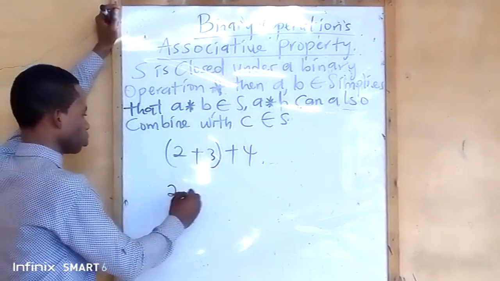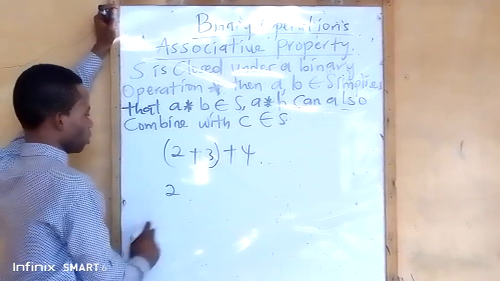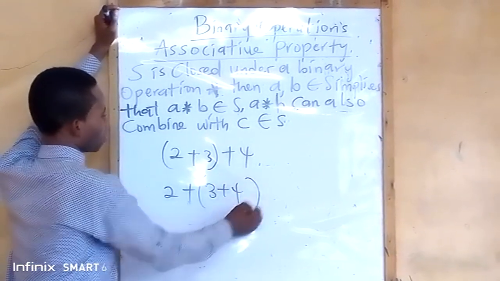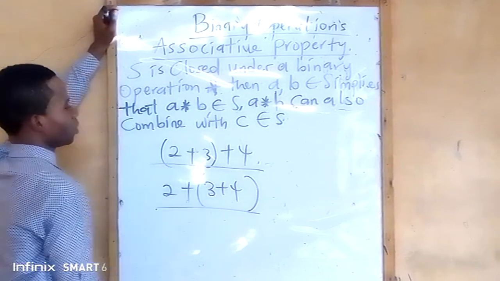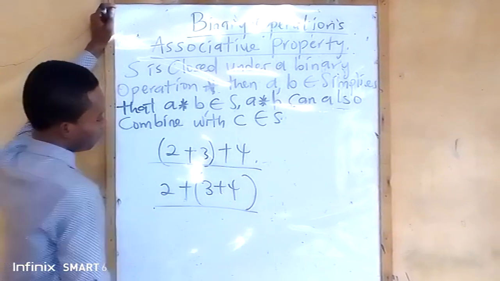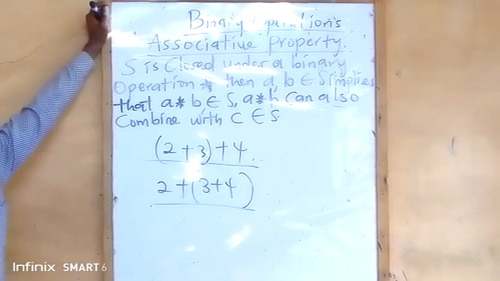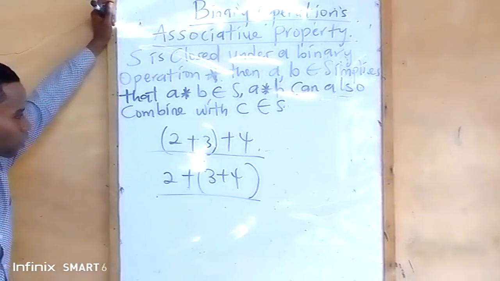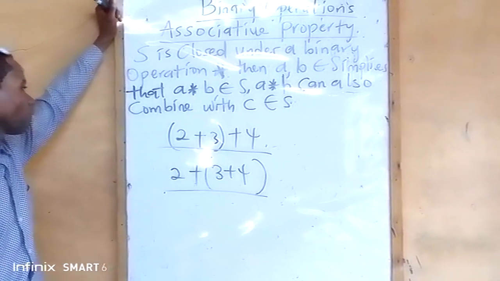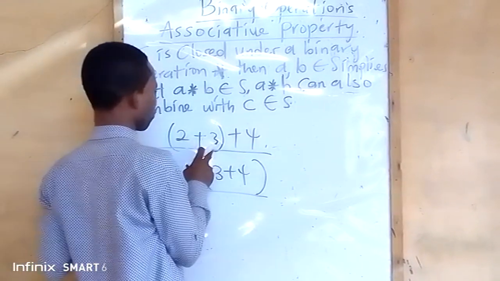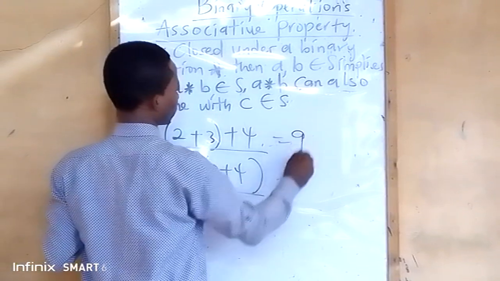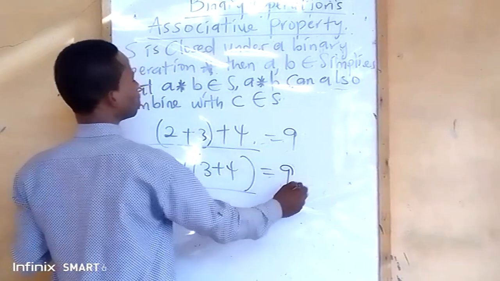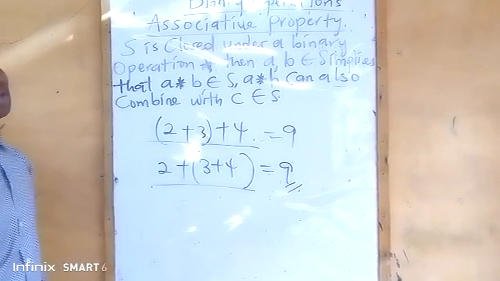Like 2 plus 3 plus 4, if I bring the 2 outside, 2 plus the bracket of 3 plus 4. If I get the same thing, that means it is associative. If I don't get the same answer, that means addition is not associative. 2 plus 3 is 5. 5 plus 4, 9. 3 plus 4, 7. 7 plus 2, 9. That means addition is associative.